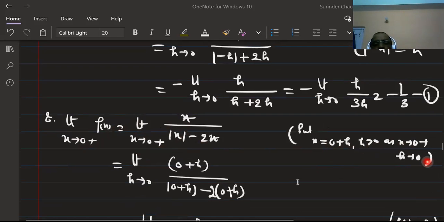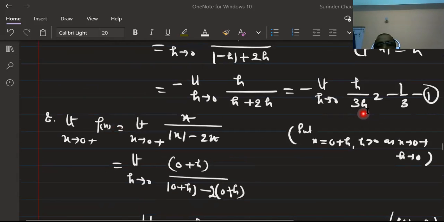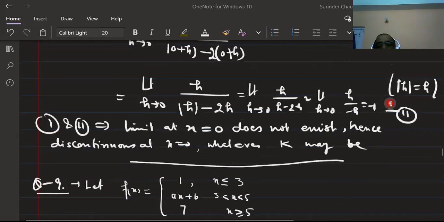After calculation we are left with limit h tends to 0 of h upon modulus h minus 2h. Modulus h is equal to h. So after simplification, limit h tends to 0 of h upon h minus 2h, which is h upon minus h. The left limit comes out to minus 1 by 3, and the right limit comes out to minus 1.